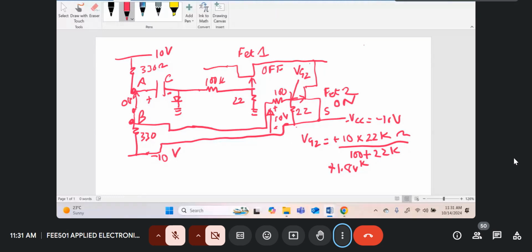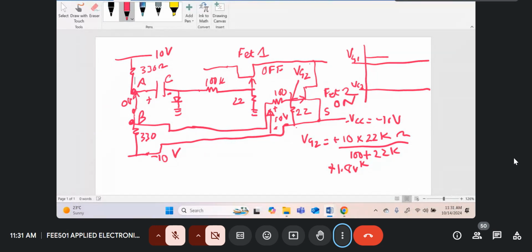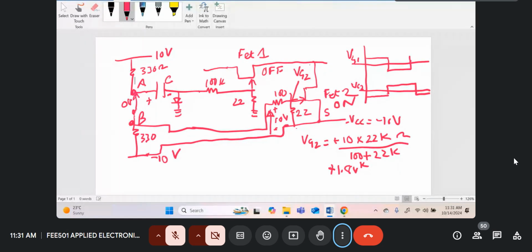So if you were to draw a timing diagram of VG1 and VG2: when this one is on, this one is off, and when this one is off, this one is on. So this is 1.8 volts, and this point here is minus 1.8 volts.